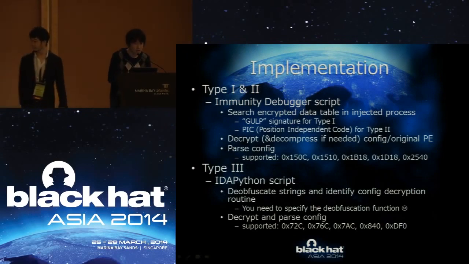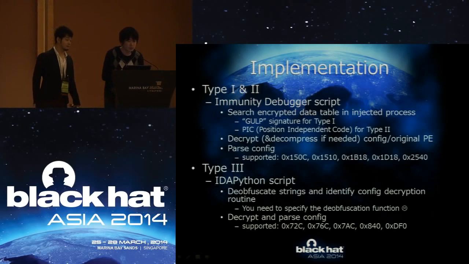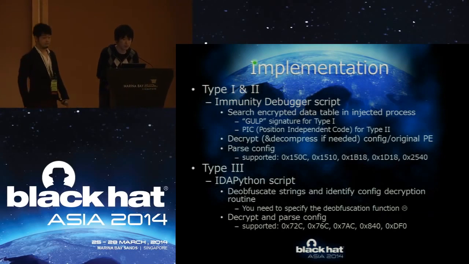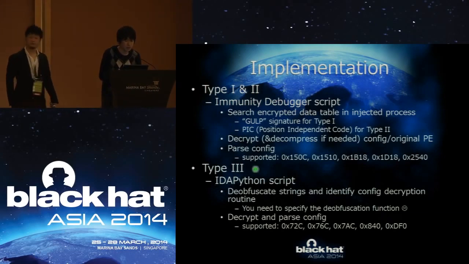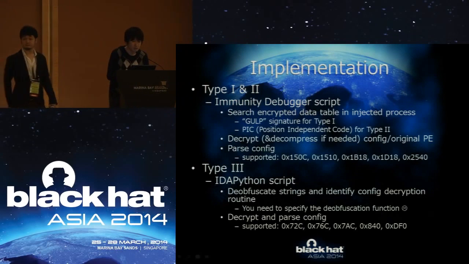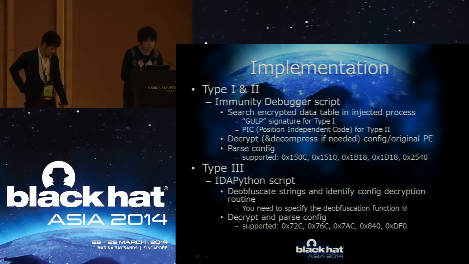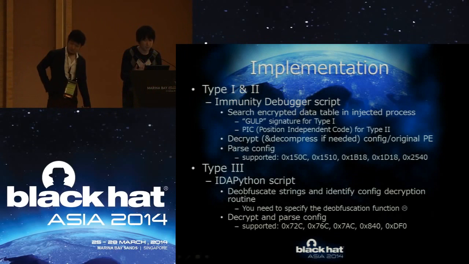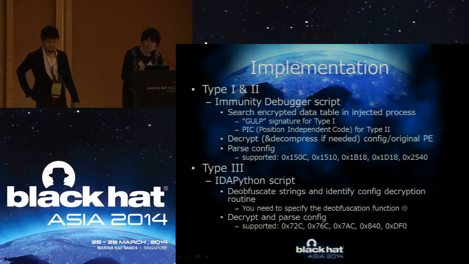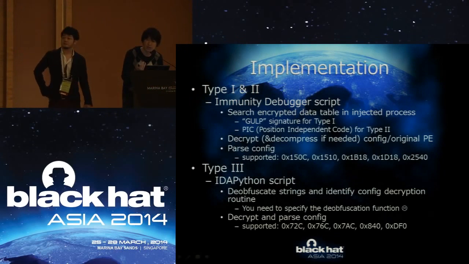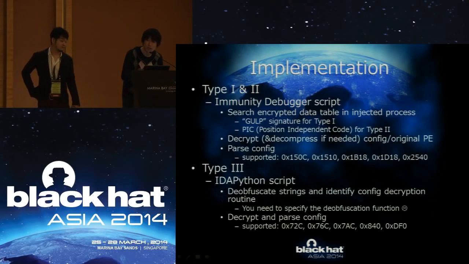So for type 1 we made a debugger script, and for type 3 an IDA Python script, because for type 1 we can easily search for the PlugX config in the injected process memory automatically.